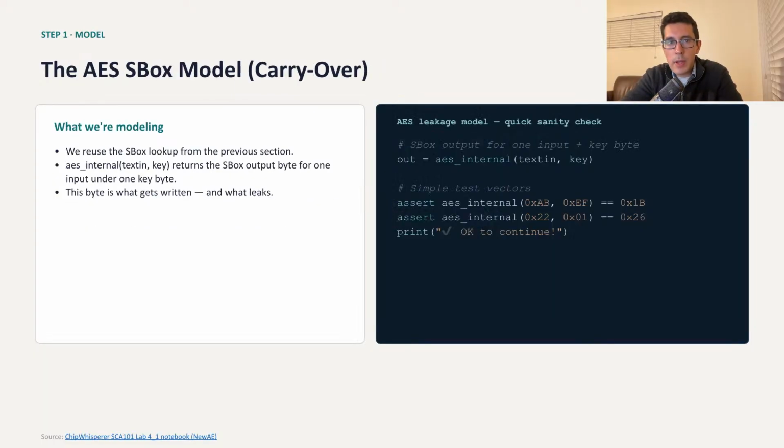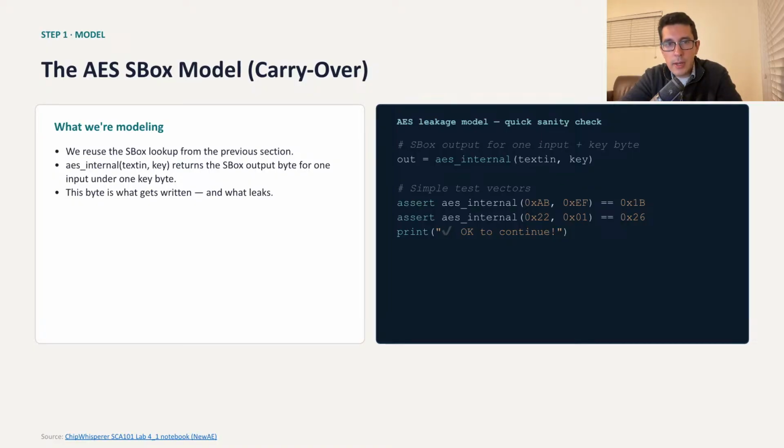And so step 1 is to reuse the AES S-box model we already built in earlier labs. We have a helper function, AES internal, that for a given plain text byte and a key byte returns the S-box output value we believe is leaking in the trace. That output byte is exactly what gets written to a register during AES.